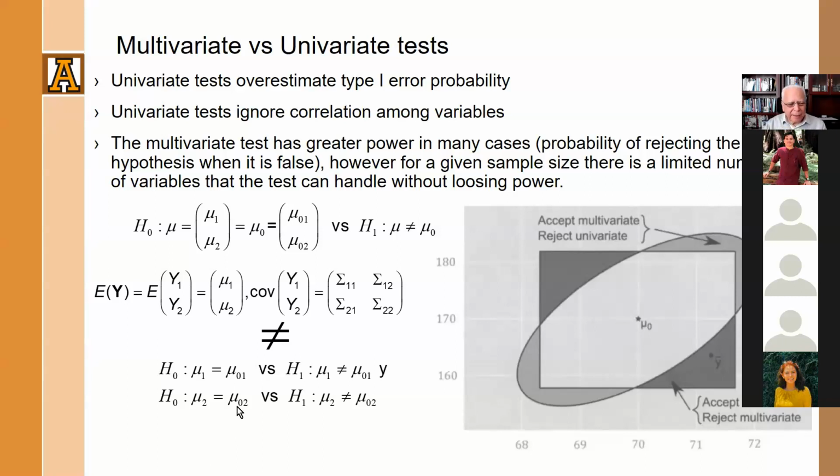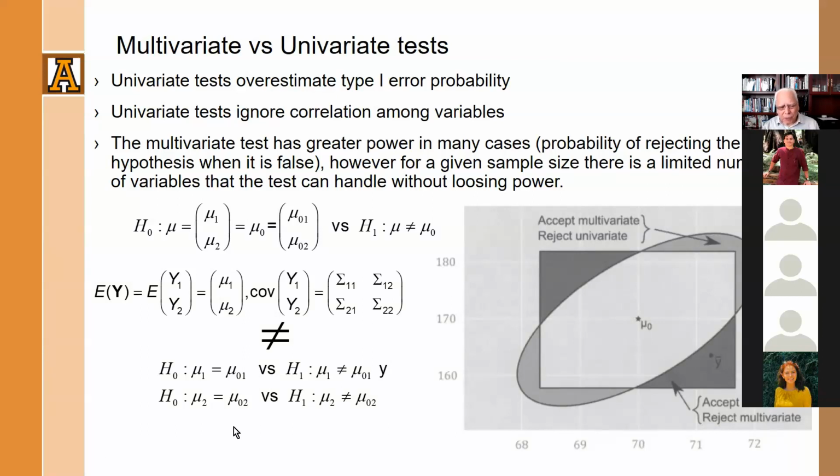Now, if I want to test the hypothesis that mu1 is equal to mu01 versus the alternative that it's different, I can just build a confidence interval for y1 and see if the mean falls outside that confidence interval. Then that means that I reject the null hypothesis. If it's inside the interval, then I cannot reject the null hypothesis.